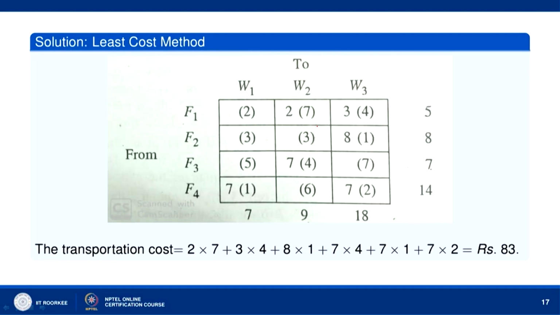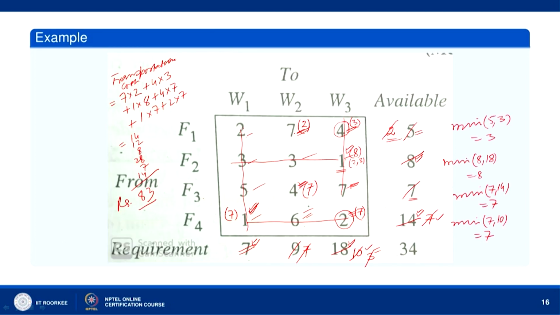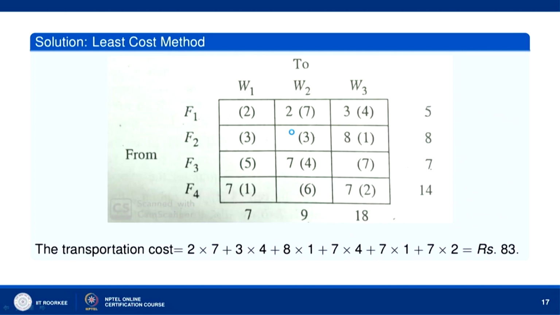So, this is the matrix where you can see from F1 we have allocated 2 to the second cell. Okay. So, these are allocations. In the brackets we are writing the cost per unit, while the values that are written without brackets are the allocations, the Xij's.